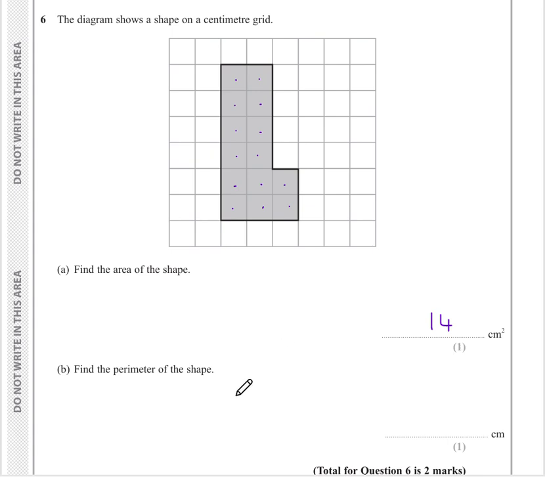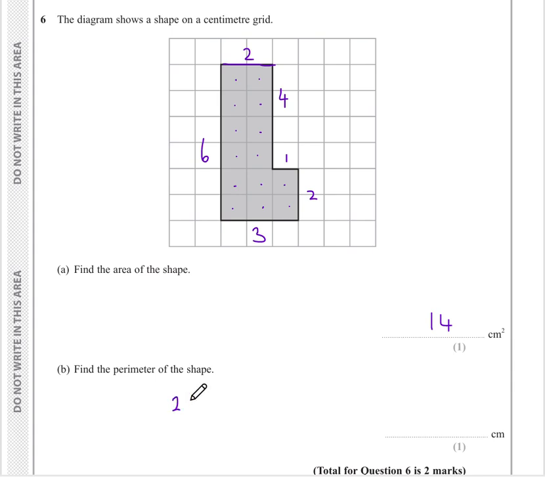Part B, find the perimeter of the shape. So this is as we go around the edge of the shape, we're going to add up the length as we travel around. So this is going to be 2 centimetres. Let's just work out what they all are first. This is going to be 4, 1 centimetre along here, 2 centimetres, 3 centimetres along here, and 6 centimetres here.